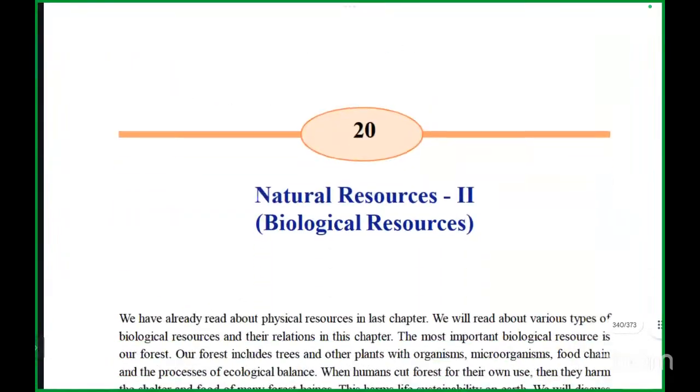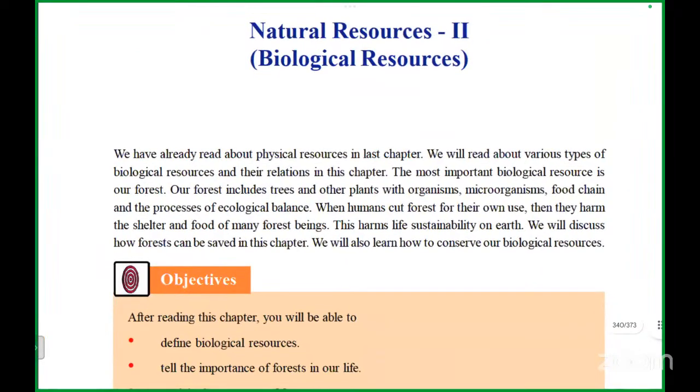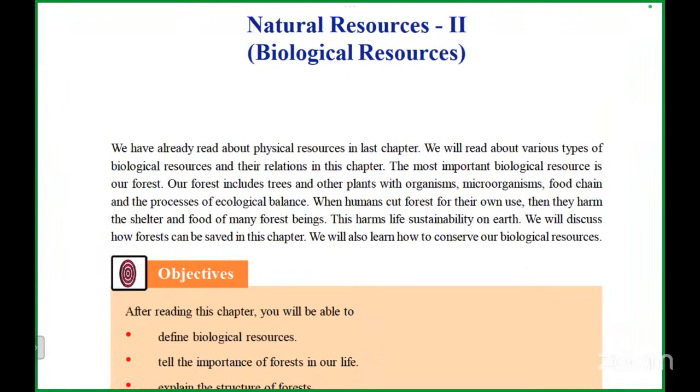Okay. Let's begin. Natural resources to biological resources. When we did natural resources part 1, we saw that there are two types of resources. What are they?